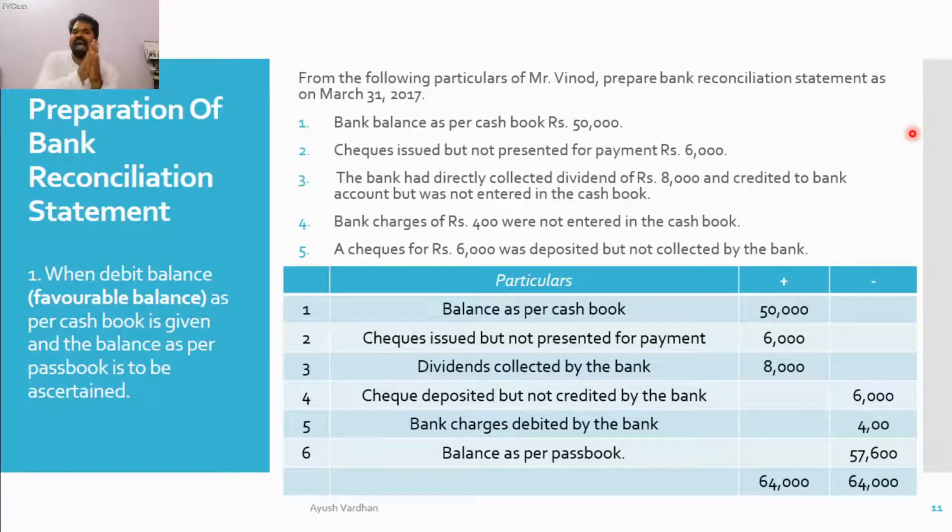This is a hack actually. We have a rule that when we issue the check but it is not presented, we put that in the positive entry. But sometimes there are some confusions. To resolve that confusion, you see where this entry should go.